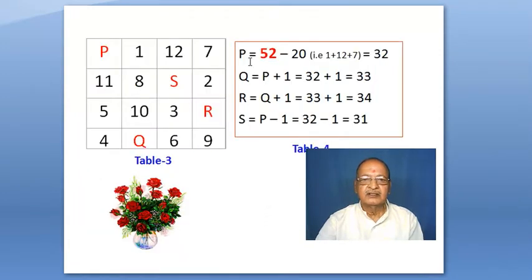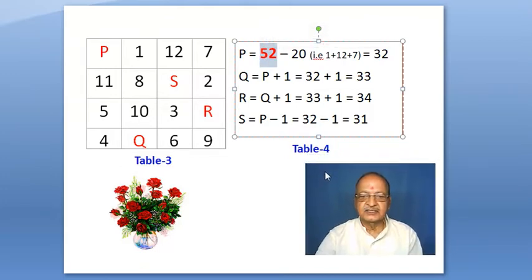Here we have taken the sum total as 52, that is the value of T is 52.